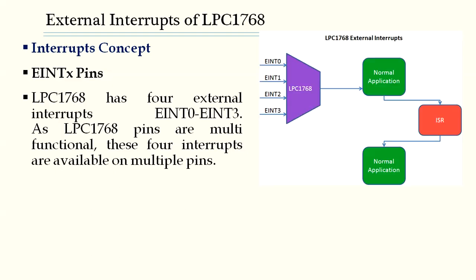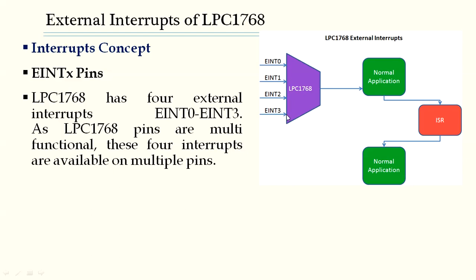Here is the representation of how an external interrupt occurs and what happens whenever an interrupt occurs. As said, there are four external interrupts connected to the LPC1768. We have the normal application running, and somewhere in between there is an interrupt, which could be from EINT0, or from EINT1, 2 or 3.